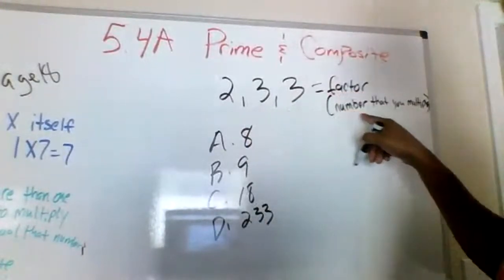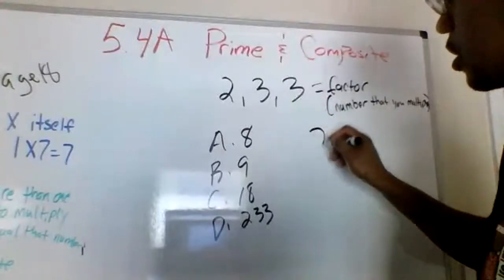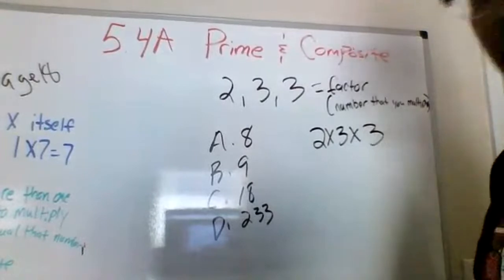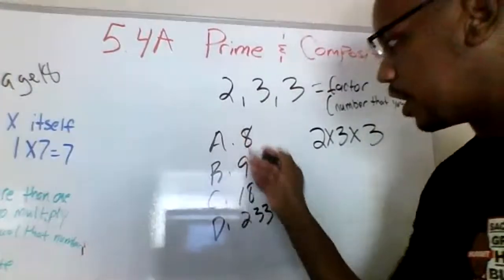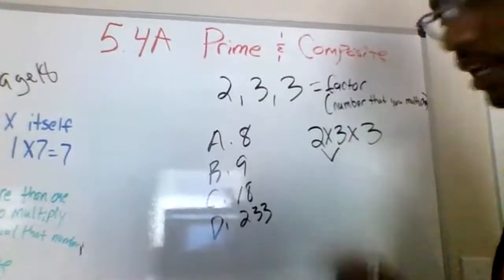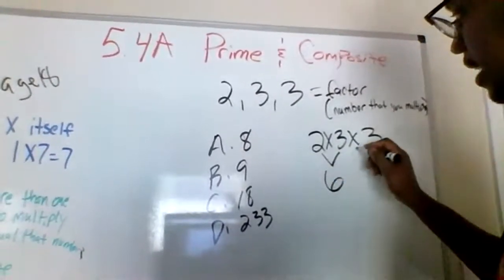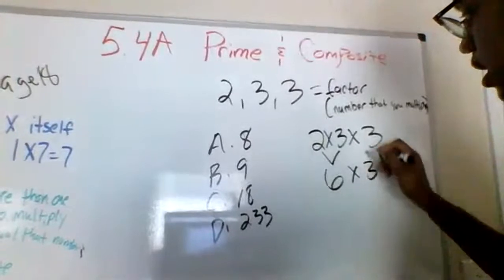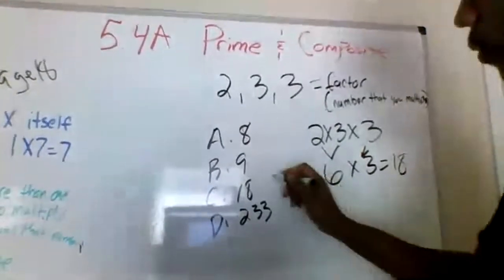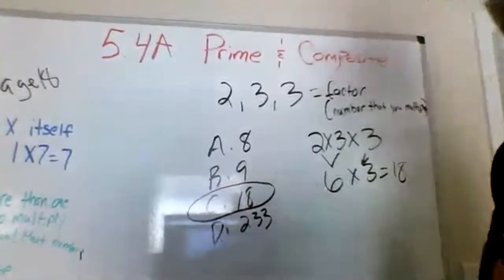If I do 2 times 3 times 3, it should tell me which one is correct. 2 times 3 is 6. And 6 times 3 is 18, which means the answer is C.